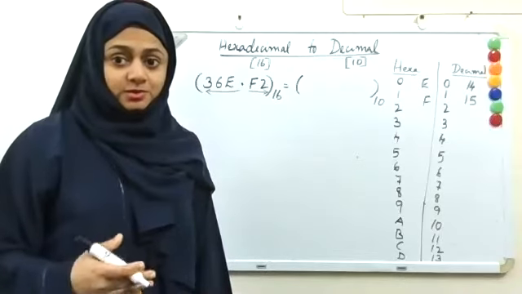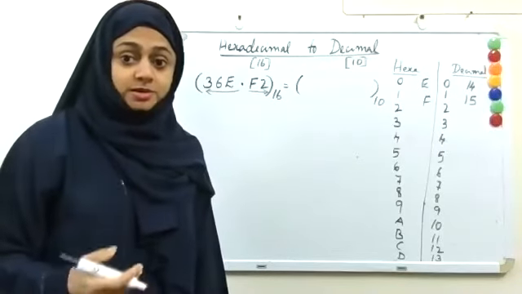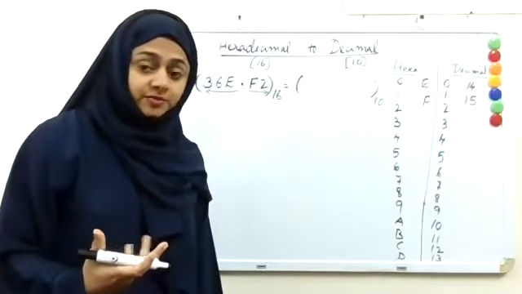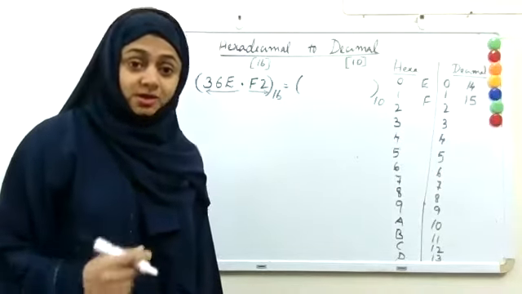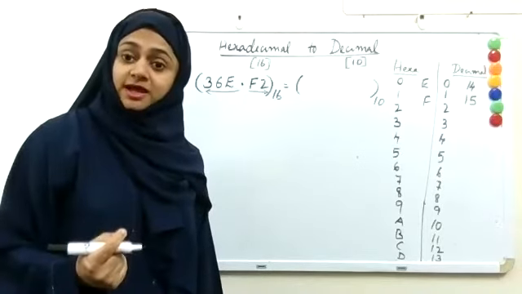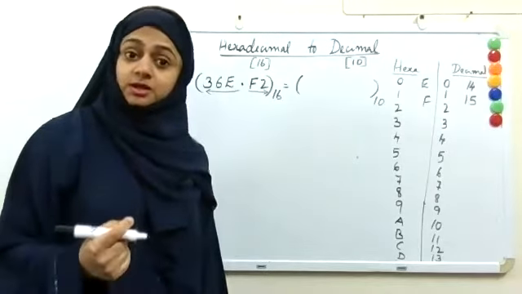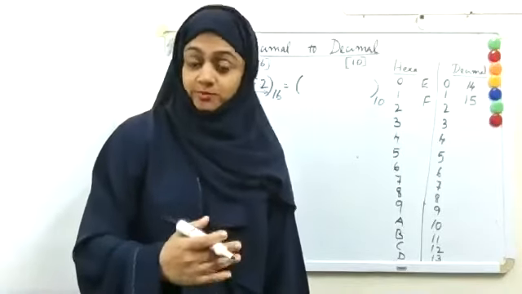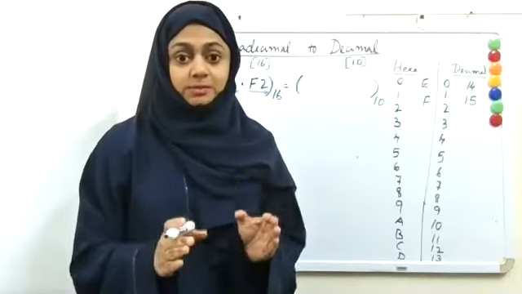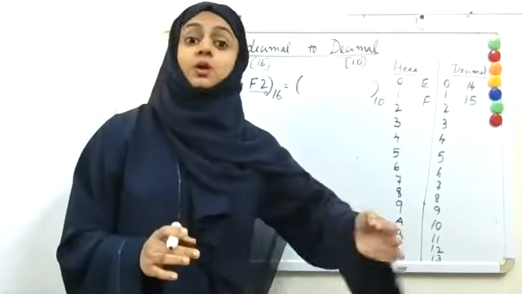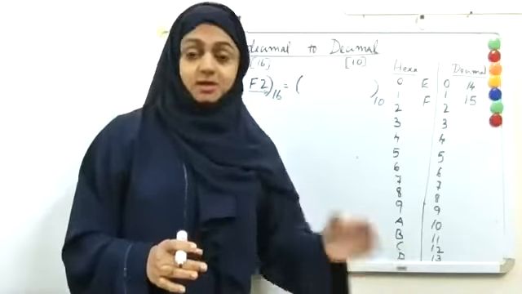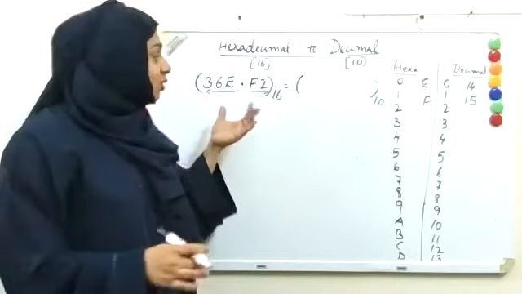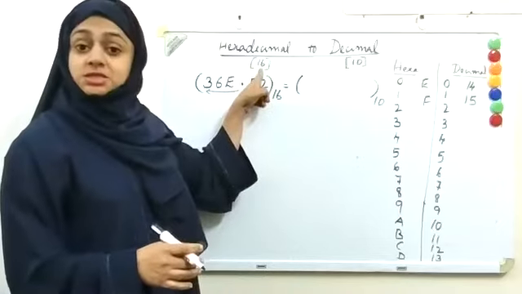For binary to decimal, we multiplied with powers of 2, starting from 0. In octal, we multiplied with powers of 8. And here, we will be multiplying each digit with the powers of 16.